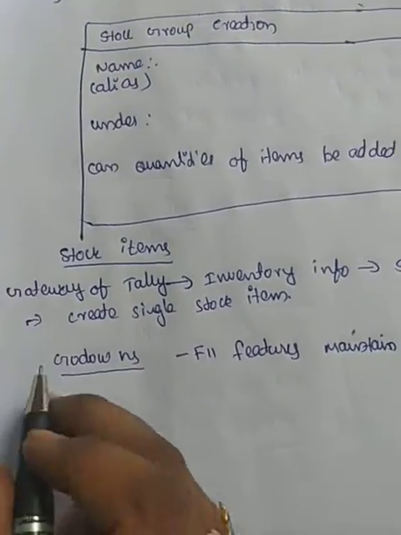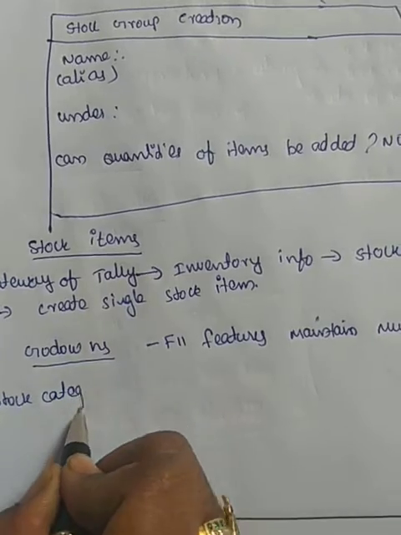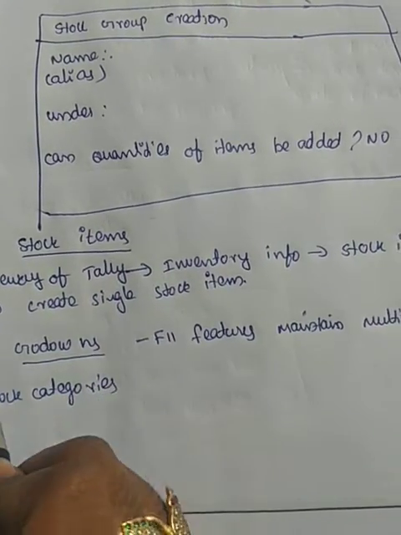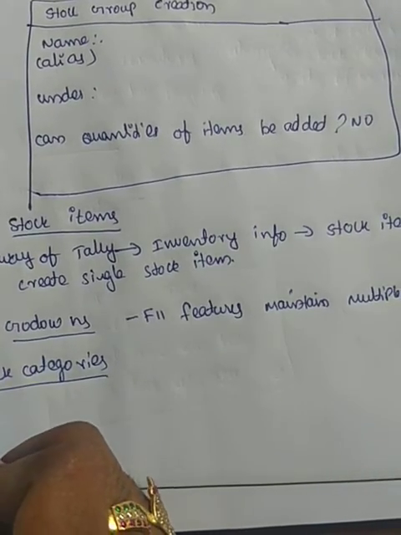Then next is creation of stock categories. How to create the stock categories in Gateway of Tally?